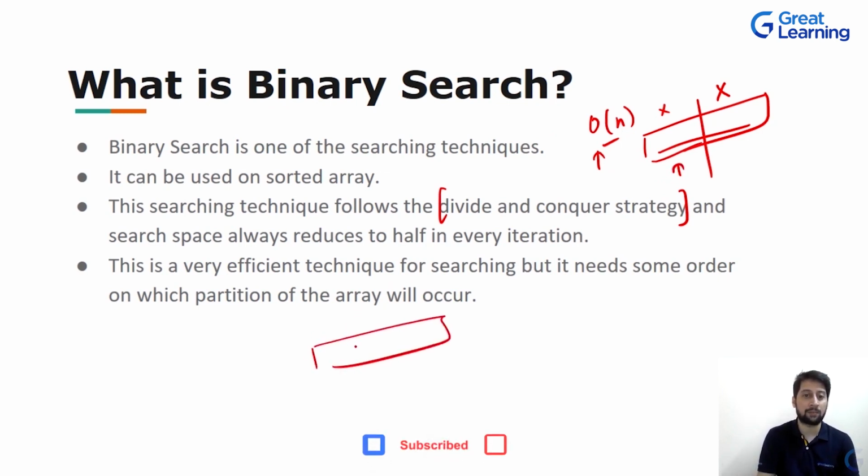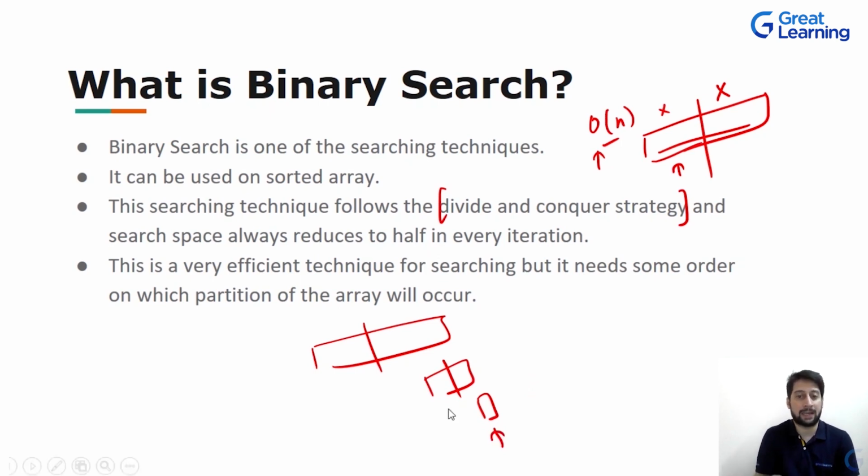So every time in the search, our search space is reduced until we find that element or the array is exhausted. Our search space is reduced to half in every iteration. So this is what binary search is: we look for an element in such a way that every time we are neglecting half of the array.